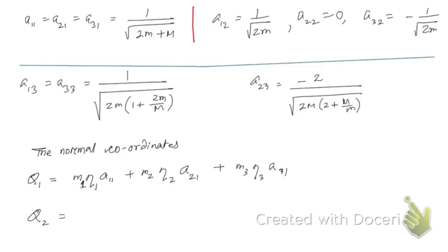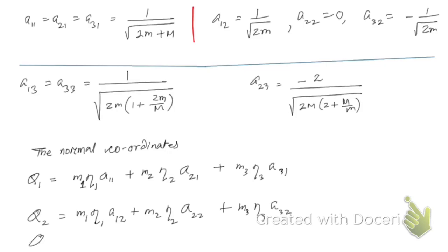q2 next coordinate will be m1 eta 1 a12, then m2 eta 2 a22, then m3 eta 3 a32, right?